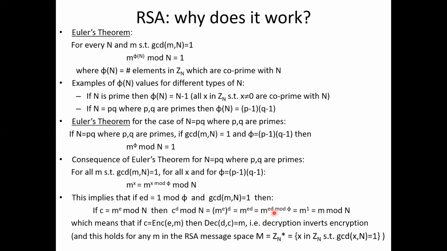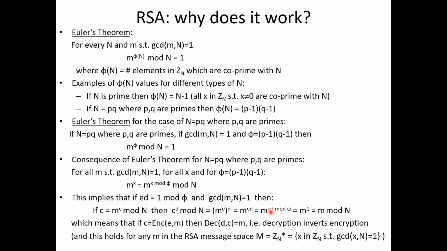And because I set the RSA decryption key to precisely satisfy the equation that the encryption exponent times the decryption exponent is 1 mod phi, this expression is 1, and so m to the 1 is m.